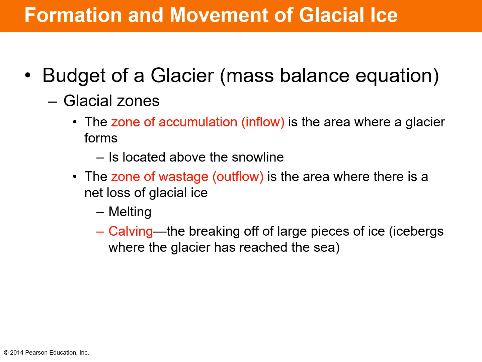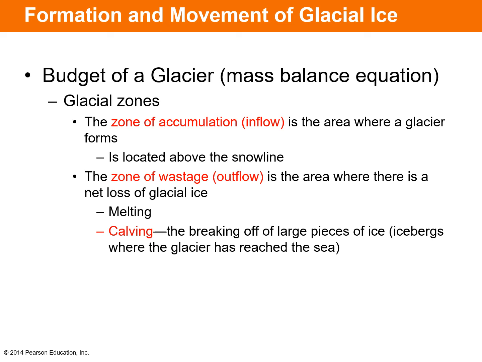And then below the zone of accumulation, below it in elevation, you have the zone of wastage. It's kind of a cool name, right? Or outflow. And this is the area where there is a net loss of glacial ice.